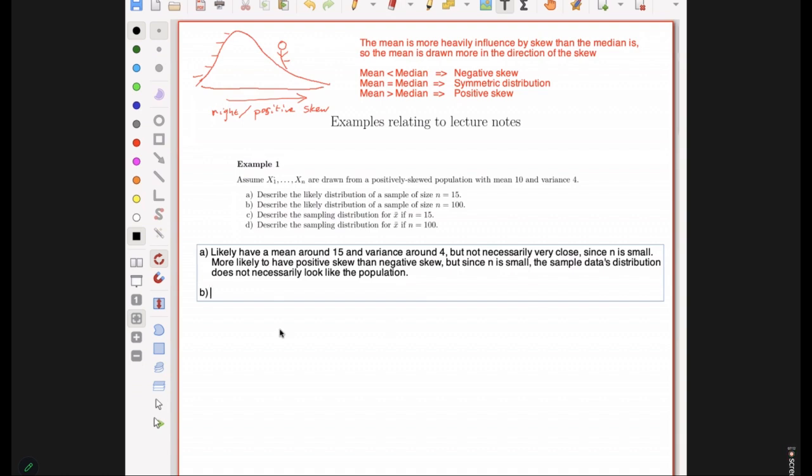Okay. So with this size 100, we can say that the mean is likely quite close to 10 and variance quite close to 4, since n is fairly large.